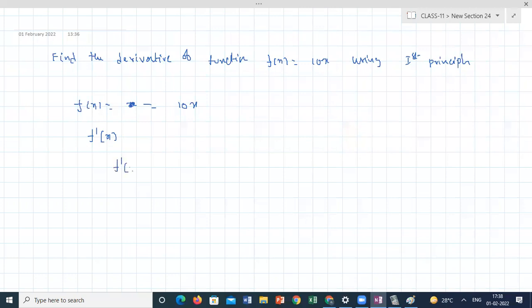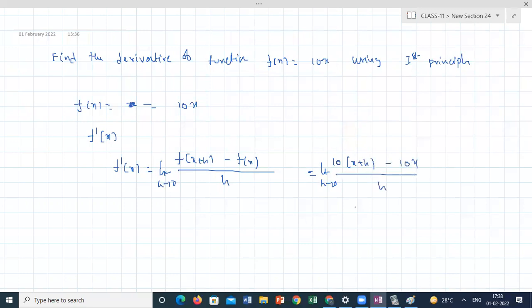According to the definition, f dash x is equal to limit h tends to 0, f of x plus h minus f of x divided by h. This will be limit h tends to 0, 10 of x plus h minus 10x divided by h. This will be limit h tends to 0, 10x plus 10h minus 10x divided by h.